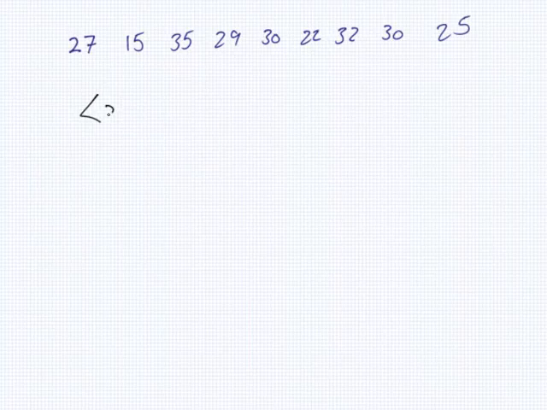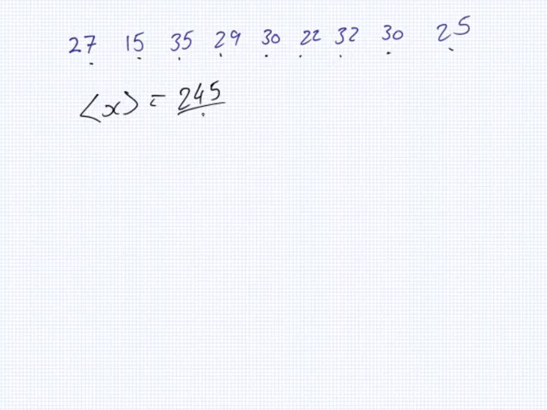Okay, so the average here, let's see: 27 plus 15 plus 35 plus 29 plus 30 plus 22 plus 32 plus 30 plus 25. That's 245 divided by 9. 27.2.